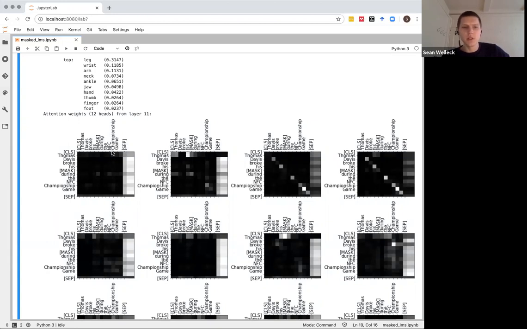Now if you look at one of these squares, this square is saying, what is the attention score between this input position and this output position? And the attention score is going to be the weight that is computed for this weighted sum of the values.